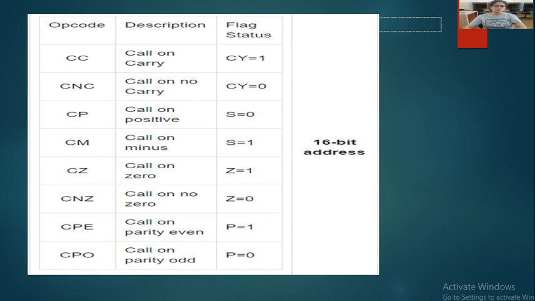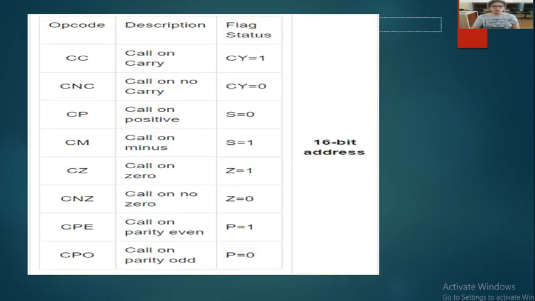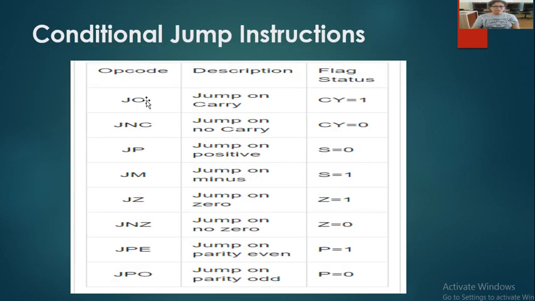As we have studied jump and call instructions, these instructions are the same irrespective of the first letter. Here the first letter is J because J stands for jump, and the rest of the keywords are C, NC, P for positive, M, Z, NZ for not zero, PE, PO.